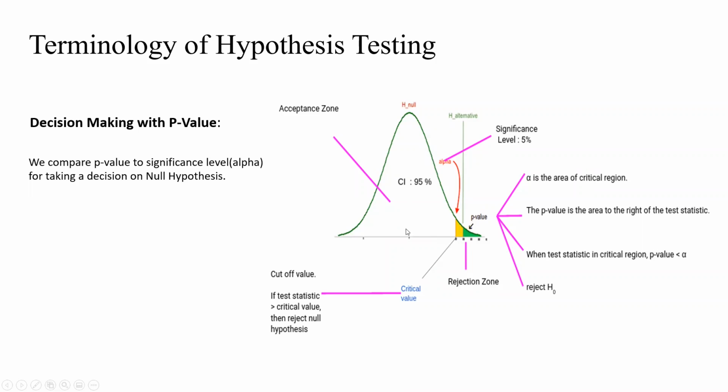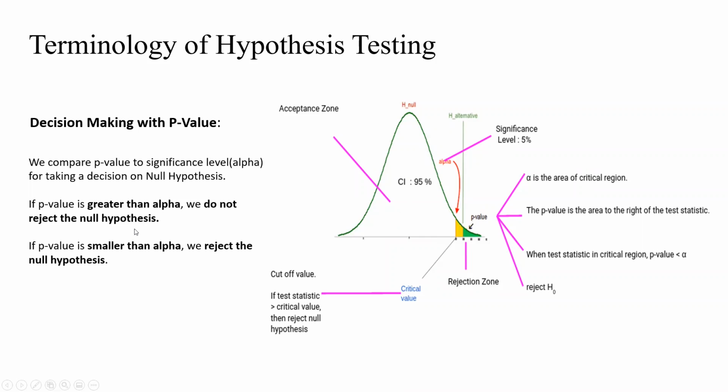So based on that logic, we decide whether to reject or accept the null hypothesis. If my p-value is greater than alpha, if my green crosses the critical value, we do not reject the null hypothesis. If my p-value is smaller than alpha, which is less than the critical value, we reject the null hypothesis.